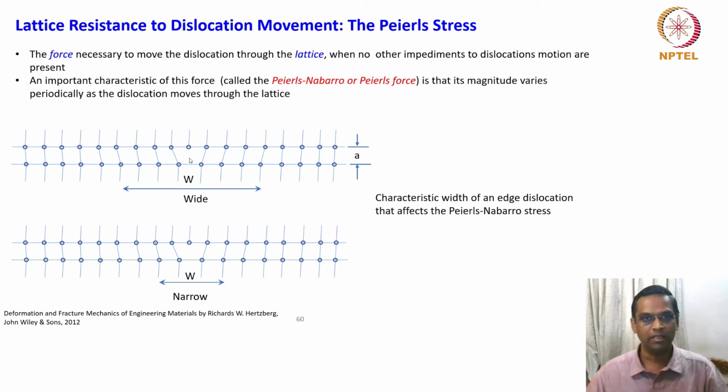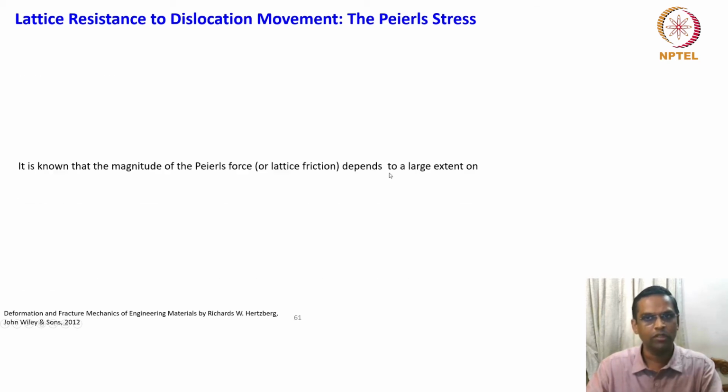Suppose you insert the dislocation, how much it resists, or how much it is allowing, or how much it is responding indirectly. That is one way of looking at it, right? So this is going to decide the stress or force required to move a dislocation in the lattice. Okay, so the characteristic width is going to decide. So how is it going to decide?